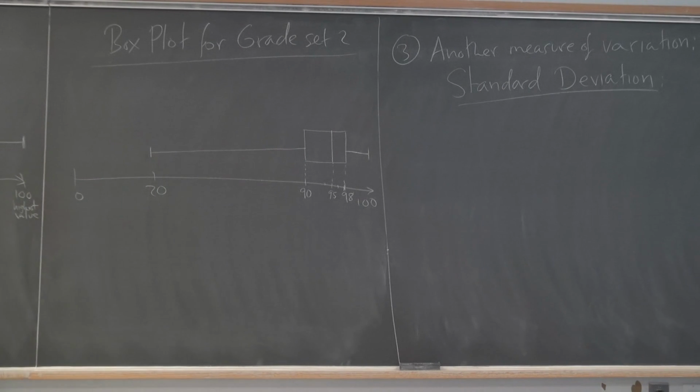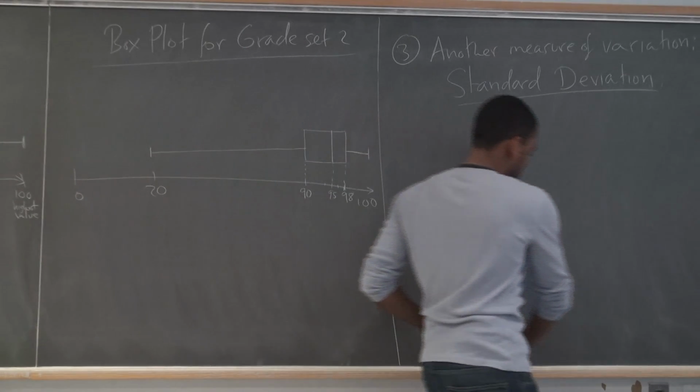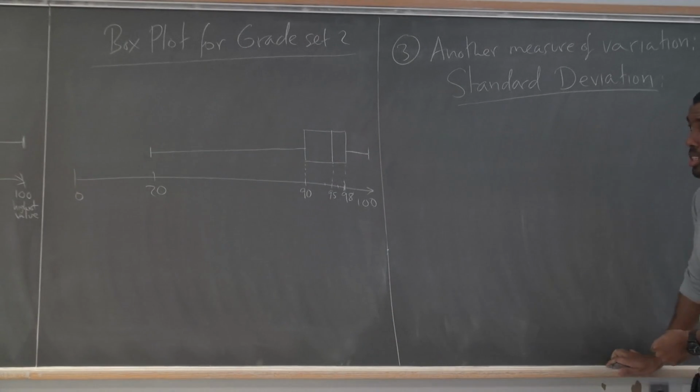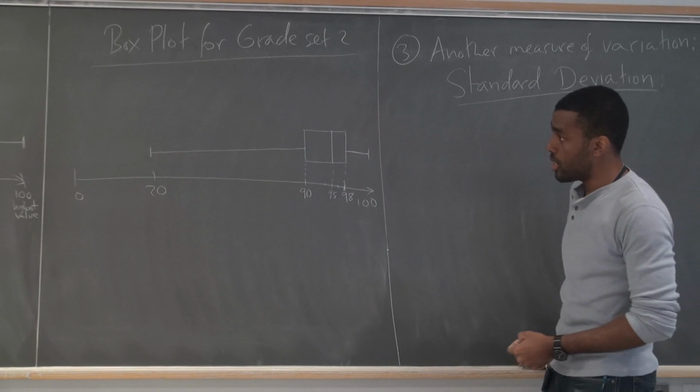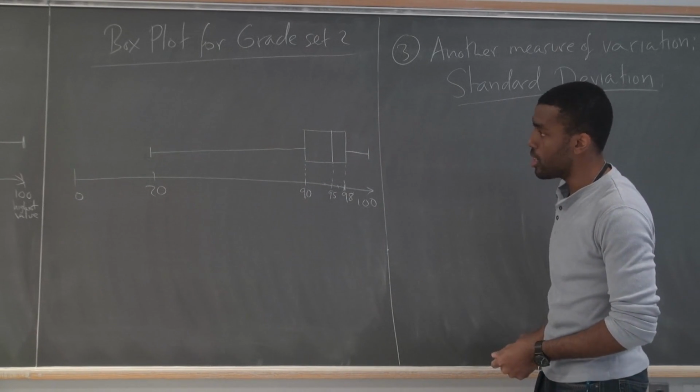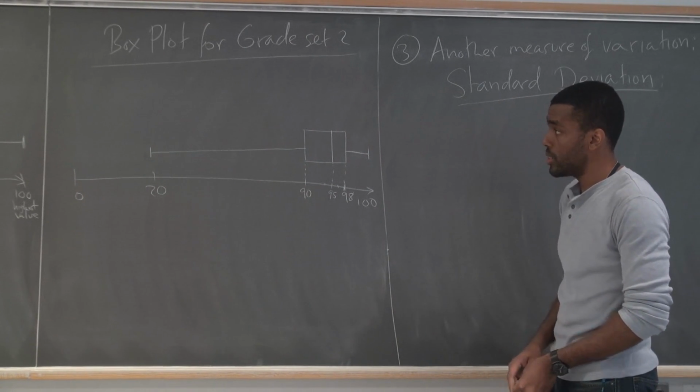Whereas this one, it's more spread out. Everyone is sort of performing at the same level, kind of, but the masses of them are falling here. So we can sort of tell the difference between our data that we couldn't really tell before, given just the range.